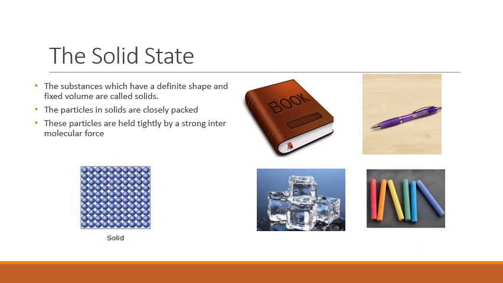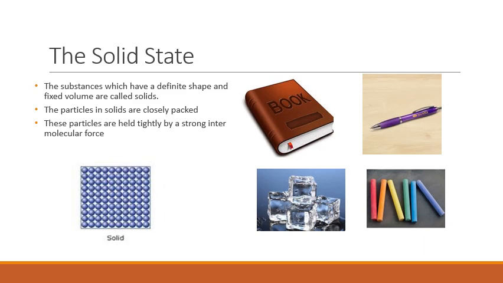The shape of a book remains the same. It is always the same and it occupies a fixed space. So I say it has got a fixed volume. Such things which have got a definite shape and fixed volume are called solids.